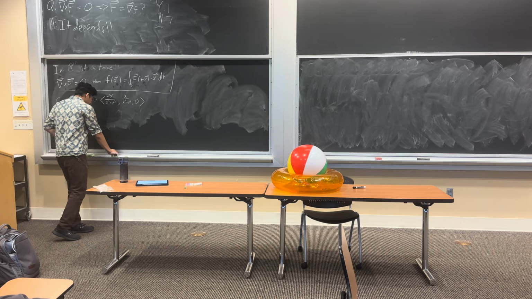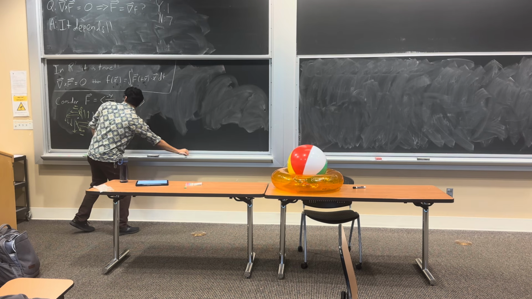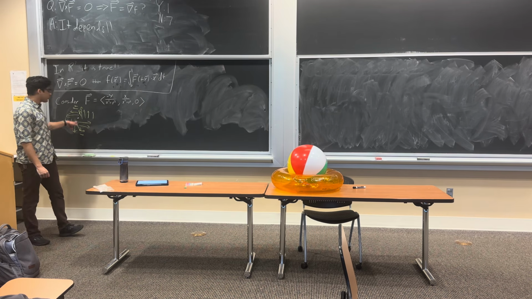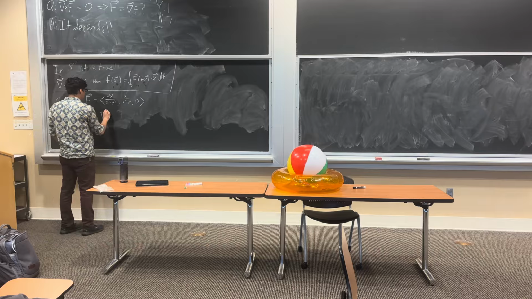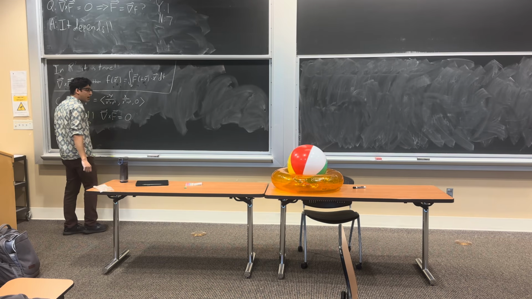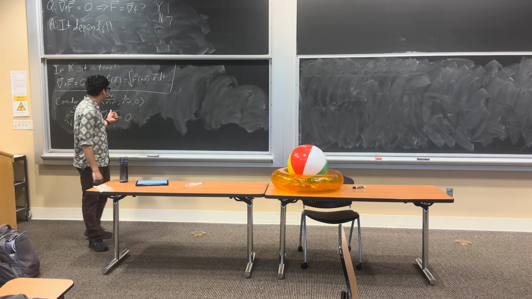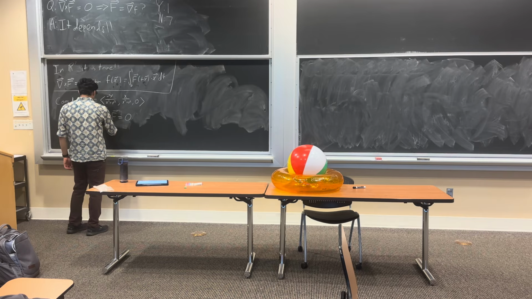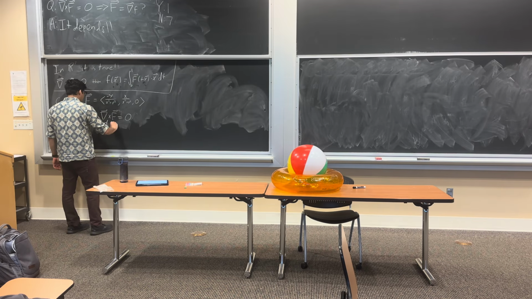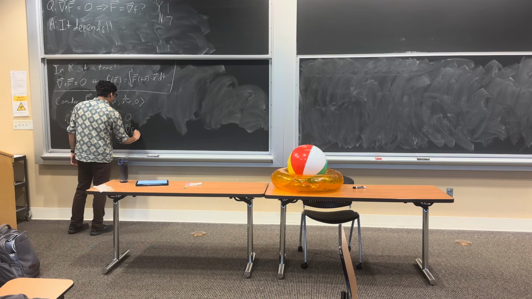Well, before I do that, that's actually kind of spoilers. But we can compute the curl of this. The curl of f is 0. But there is no f such that the gradient of f equals this.